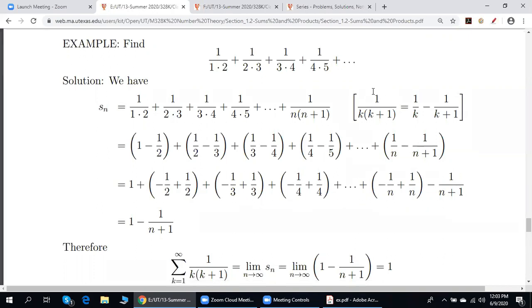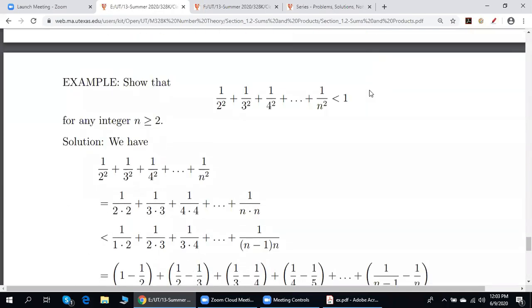Excellent. It's exactly what we do here. Observe that 2 squared is 2 times 2, obviously. 3 squared is 3 times 3, and so on. n squared is n times n. Note that since 2 is greater than 1, 1 divided by 2 times 2 is less than 1 divided by 1 times 2.